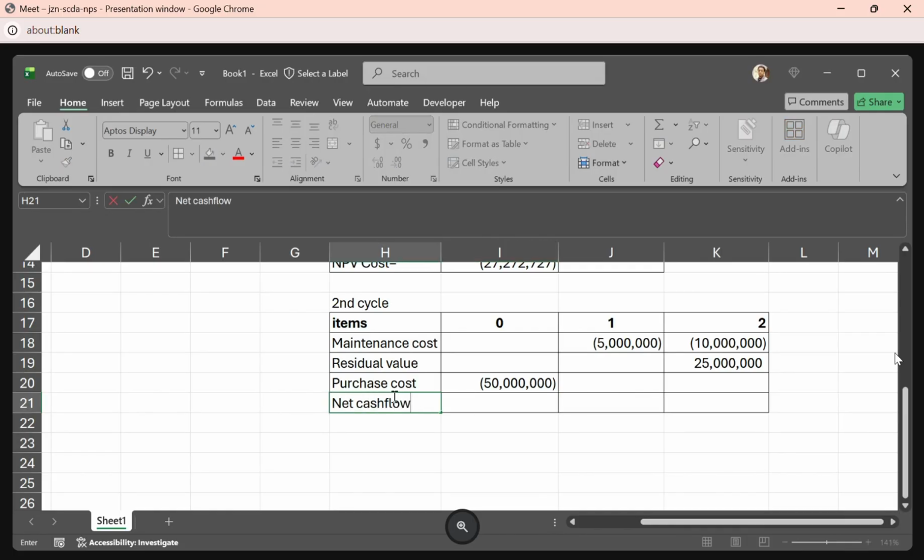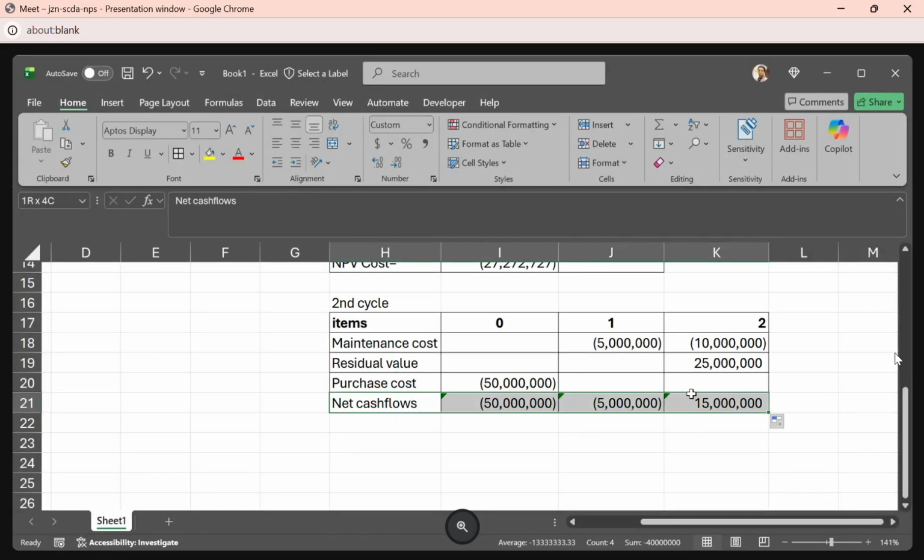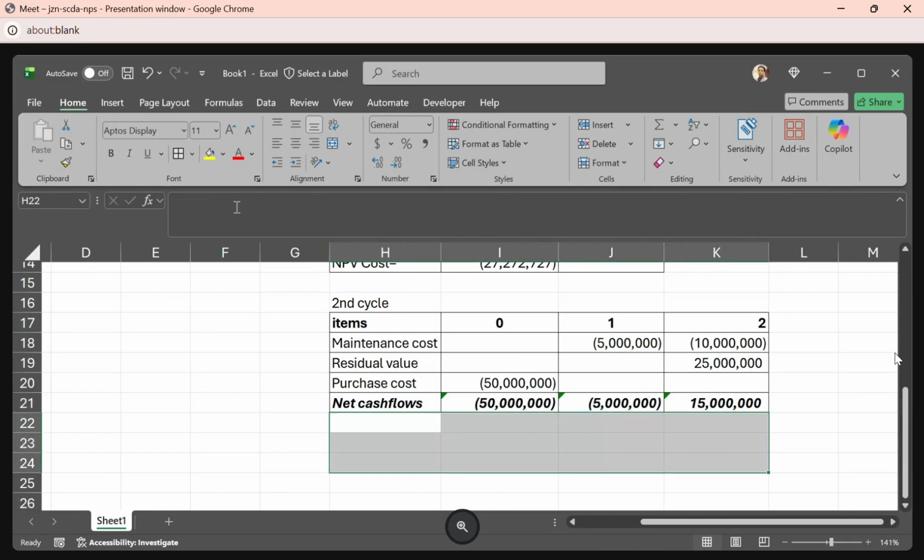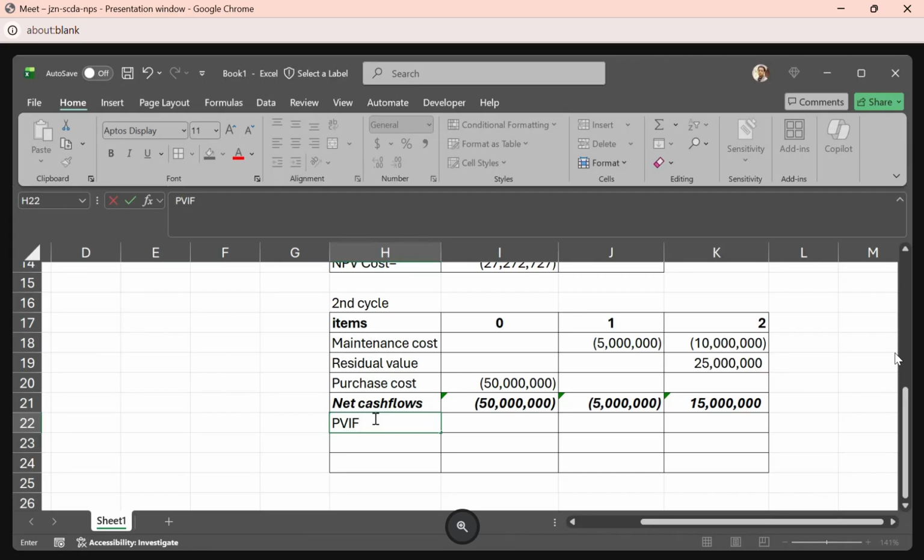Net cash flows, which is going to be the summation of all of these figures. This is our net cash flows. Now let's determine the present value interest factor to discount it, at 10%.